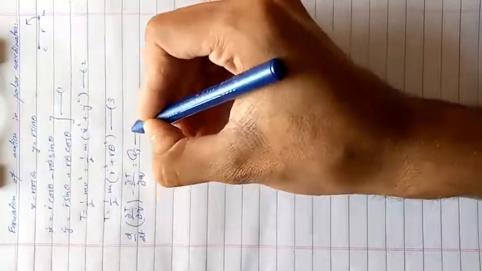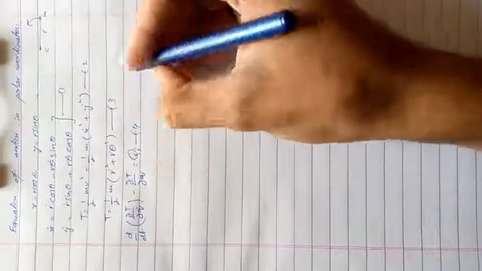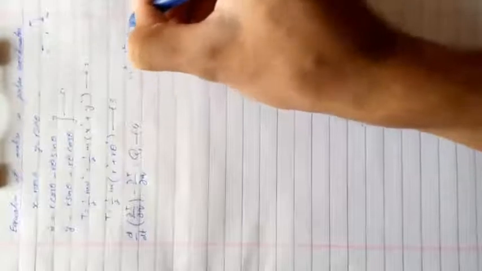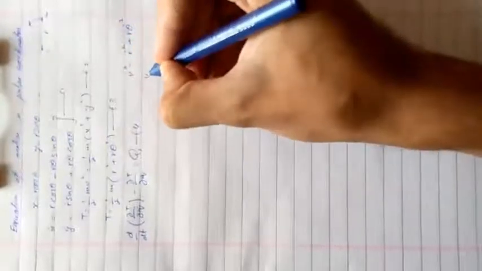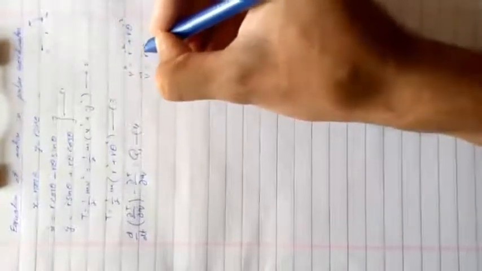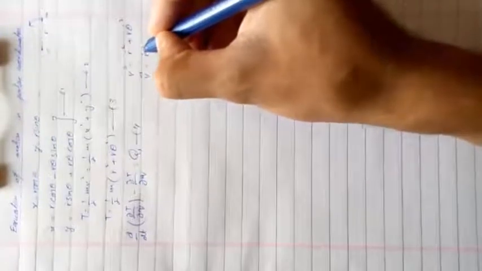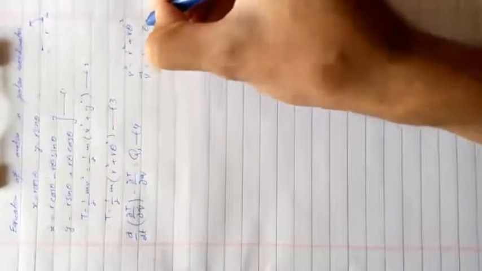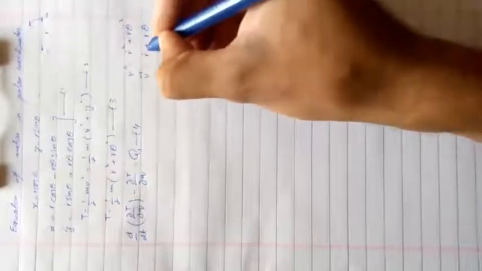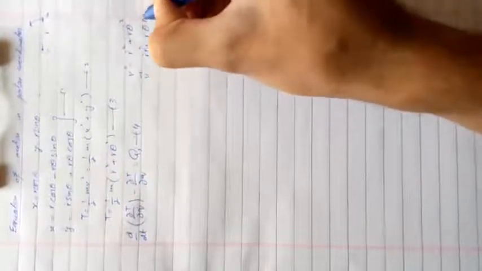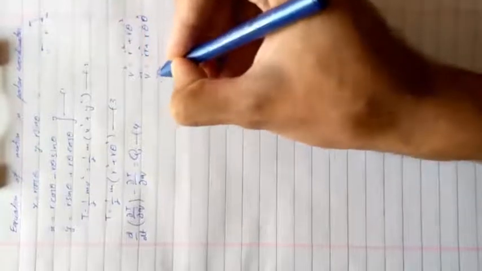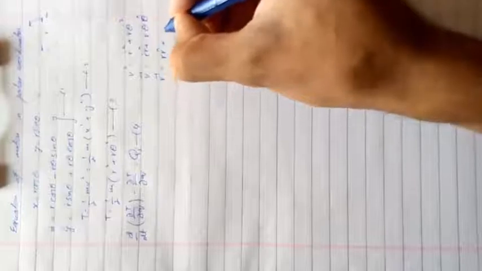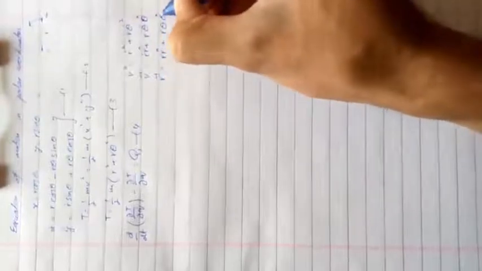As we know, v squared equals r dot squared plus r squared theta dot squared, or v equals r dot r cap plus r theta dot theta cap, and the position vector r equals r r cap.